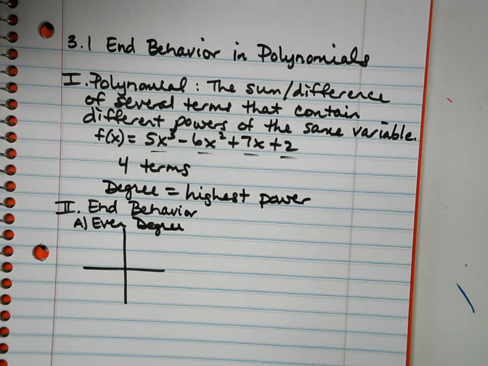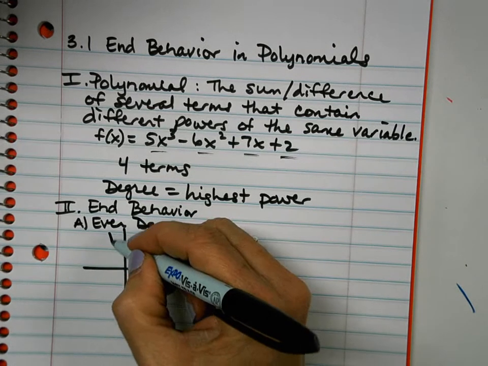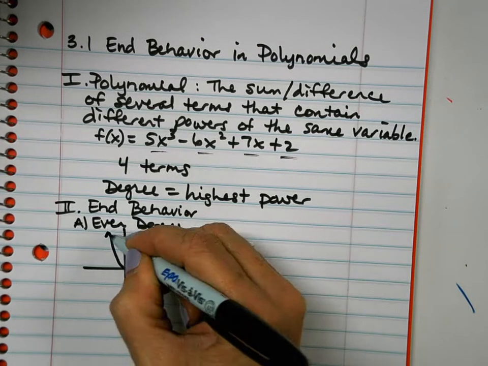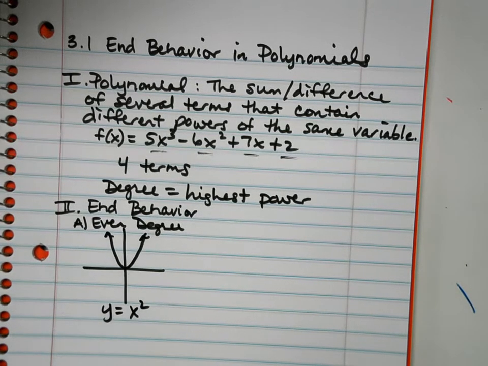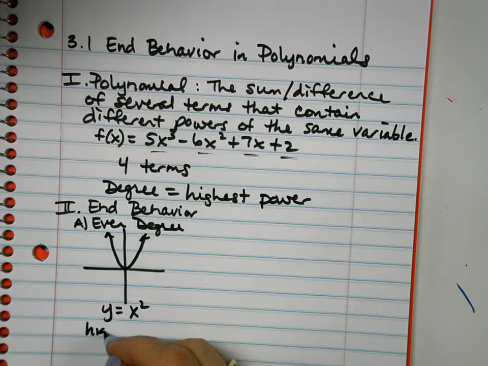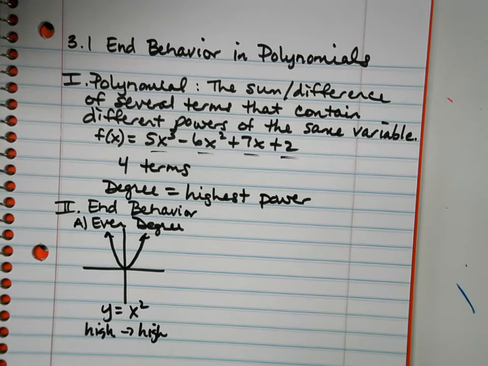So if it's squared, if it's to the 4th, if it's to the 6th, if it's to the 8th, if the degree is even, and again the degree is the biggest power, then it's going to function like y equals x squared. And we would say that the end behavior here is that it starts high, ends high. We're going to write starts high, ends high. High, high.